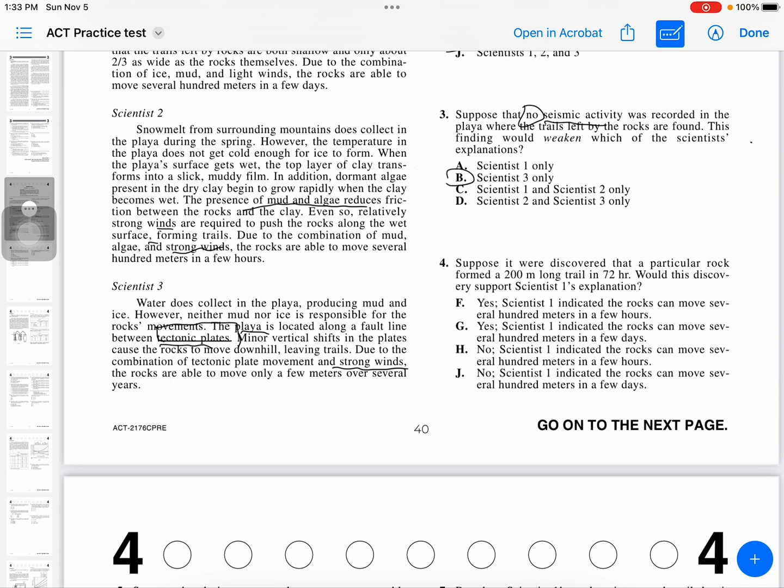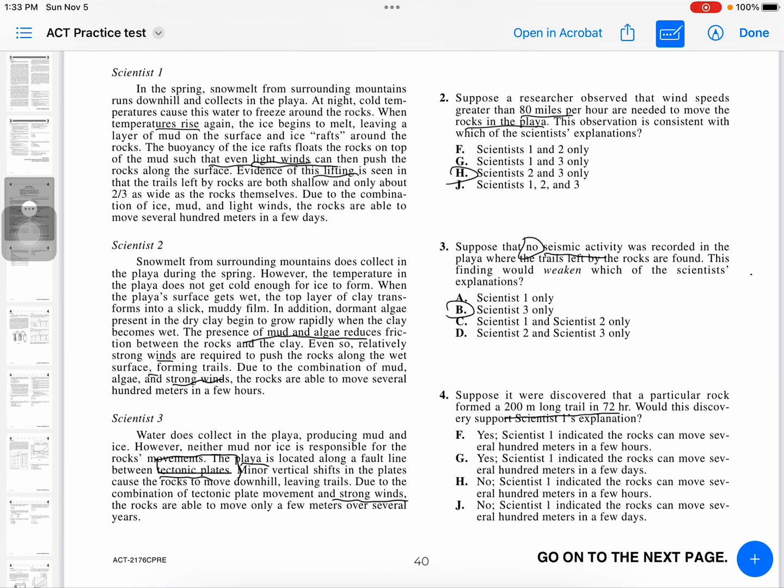And suppose it were discovered that a particular rock formed a 200-meter long trail in 72 hours. Would this discovery support scientist 1's explanation?